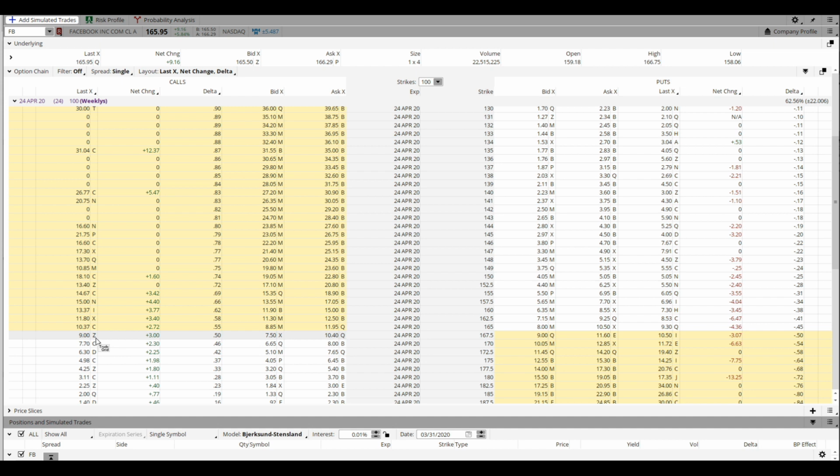The last done price is $9, so it's still reasonable. 21 days or 24 days is reasonable. So option premium and option price action value analysis, with reference to at-the-money calls and puts, will give us the potentiality of the trade. If the price action value is $2 and you're charging $8 or $6 for it, something is not right.